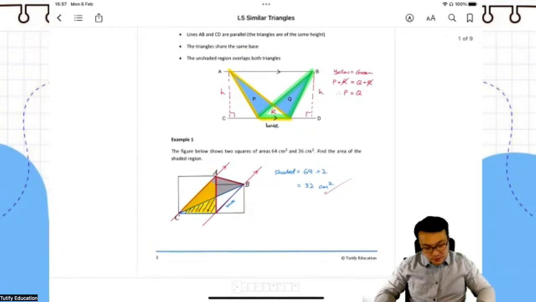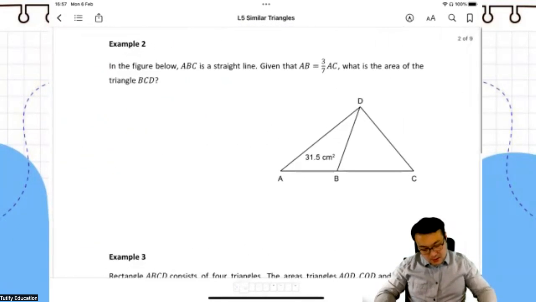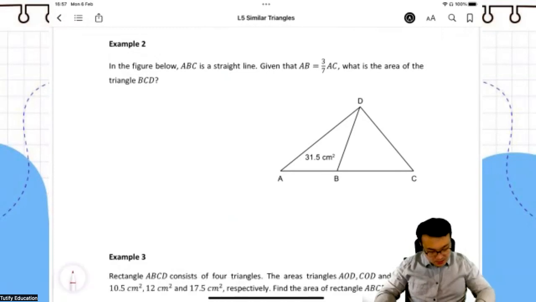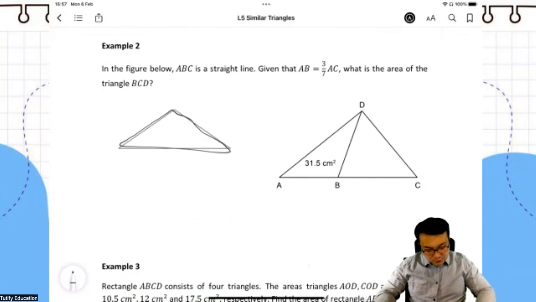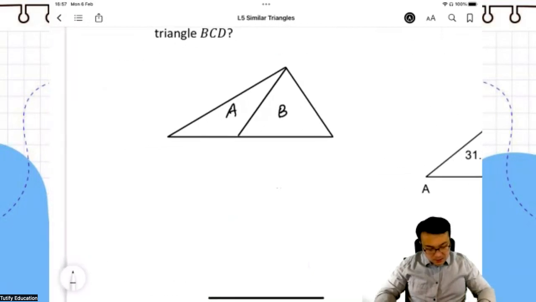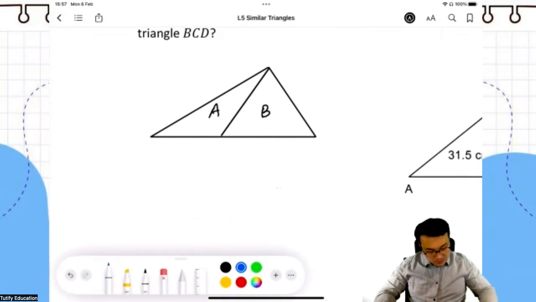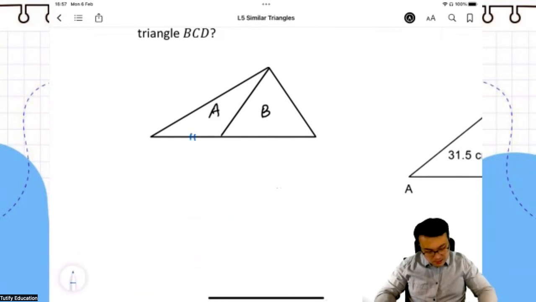Let's move on. Okay, the next thing we would like to discuss is the ratio. Now, students, as you know, if two triangles, okay, let me draw two triangles. Let me draw triangle A here and triangle B here. Now, if you look at triangle A and triangle B, I'm going to say that they have the same base, the same length.